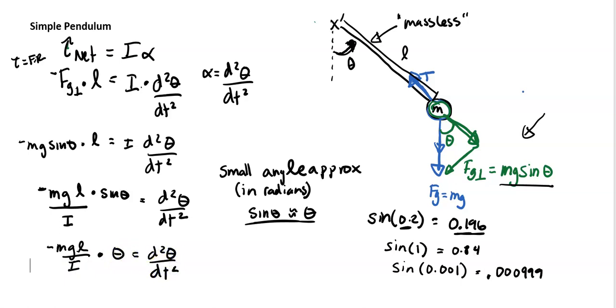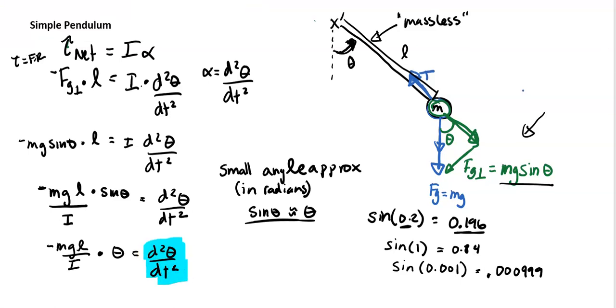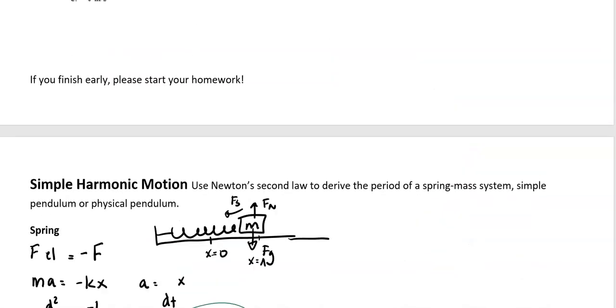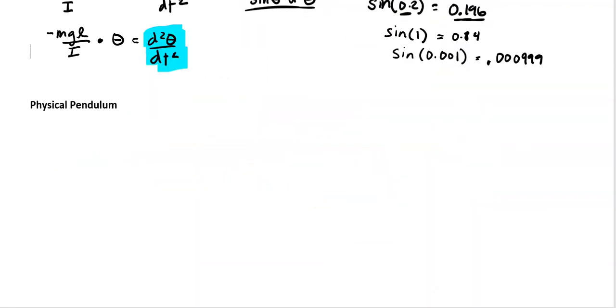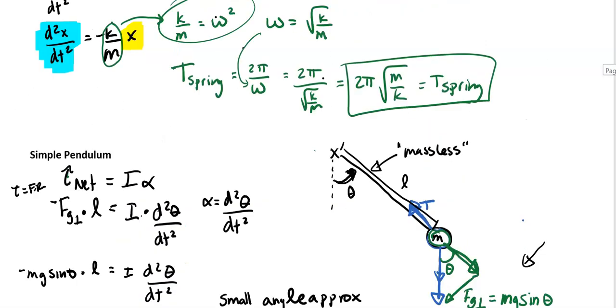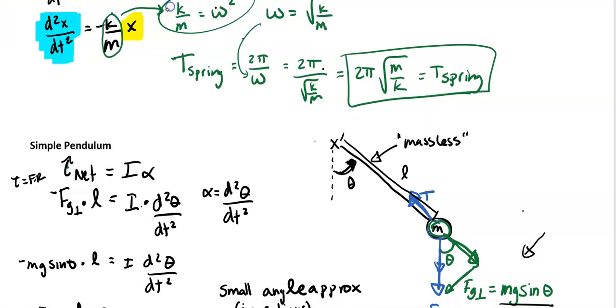Okay, so let's look at our similarities. d squared theta dt squared is just like our previous example, like d squared x dt squared. We had a good old x in our previous one. Now x is theta, so it's essentially the angular equivalent. Whatever we have left out front, which I circled, k over m, there's a negative sign, which there is in this case, k over m was omega squared.